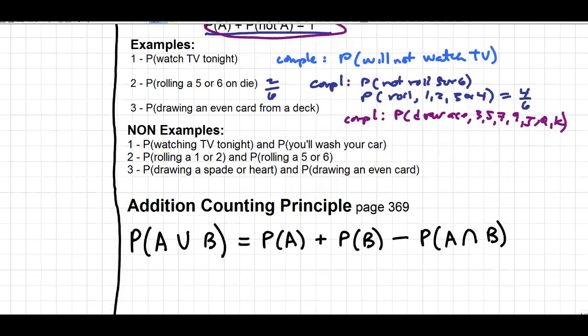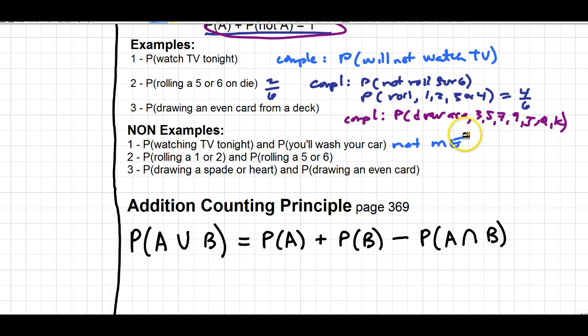Some quick non-examples for you, things that are not complementary. And they may be not complementary for different reasons. We're going to try to list those as we go here. The probability that you'll watch TV tonight, its complement is not that you'll wash your car. Obviously, it is possible for you to watch TV tonight and wash your car, so those are not mutually exclusive.